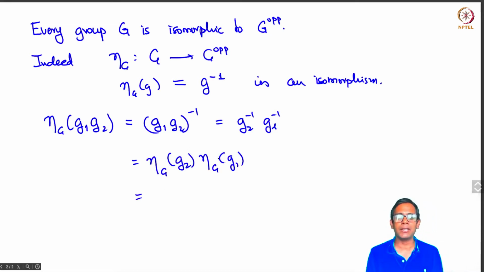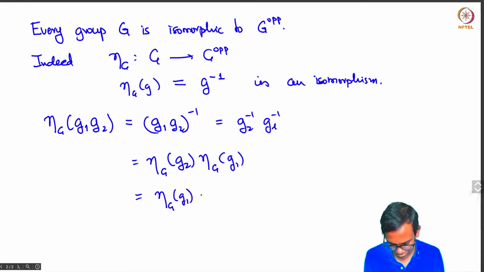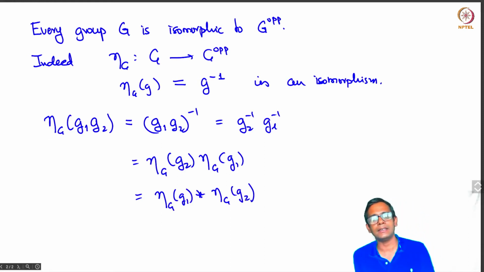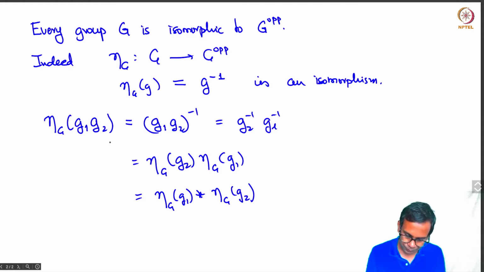This is still multiplication in G. To make it multiplication in G op, we need to write eta G of g1 star eta G of g2, reversing the order. And so you see that eta G of g1 g2 is eta G of g1 star eta G of g2. So this is an isomorphism of groups.